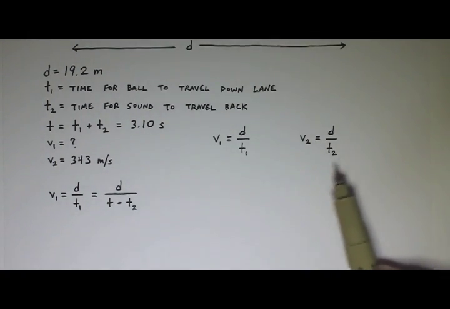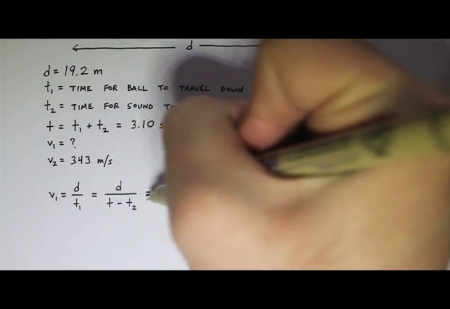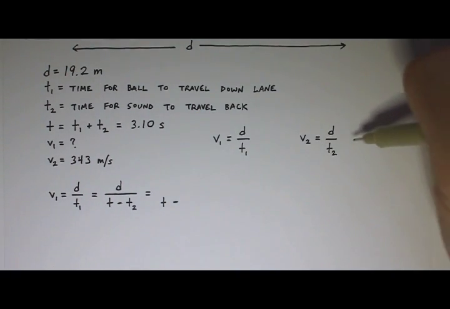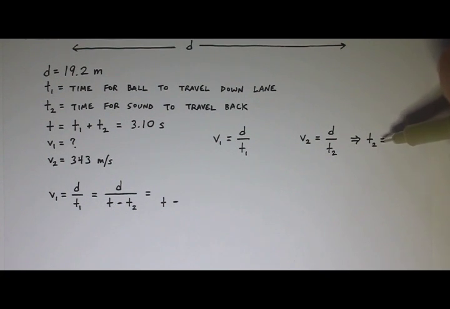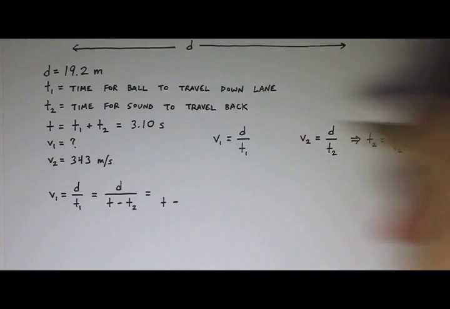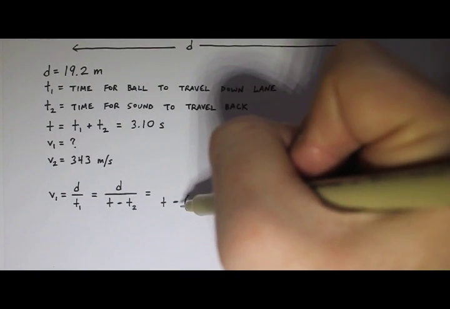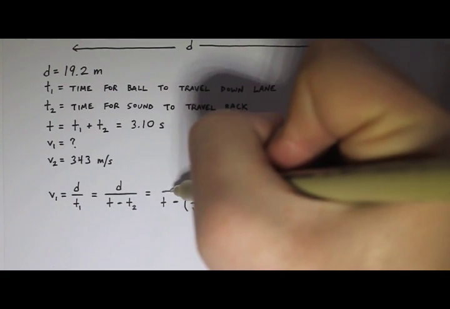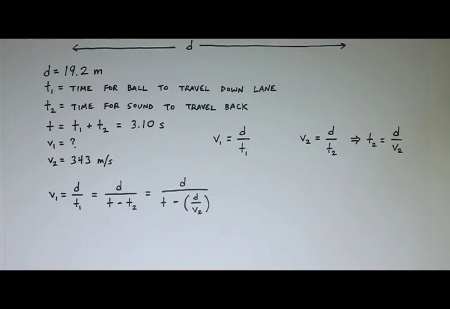So if I were to plug that in here, so that would be T minus, and now T2, if you solve this for T2, T2 then would be D over V2. Okay, so let's plug that in here. So that would be D over V2, and then it's still all under D.